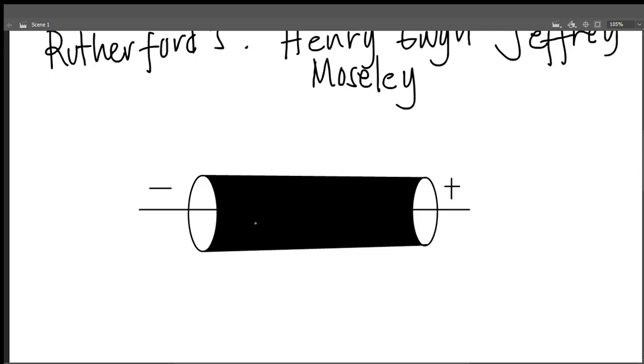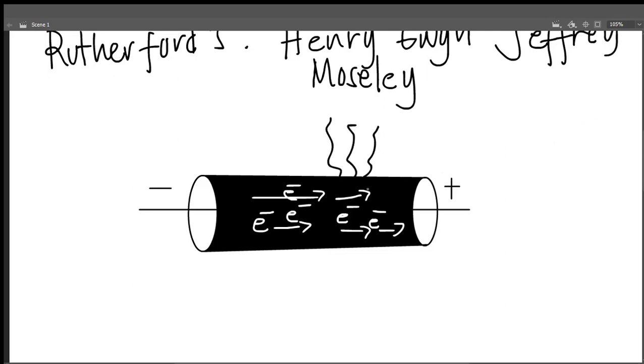We have E here, electrons, which are fast moving, with their high speed.